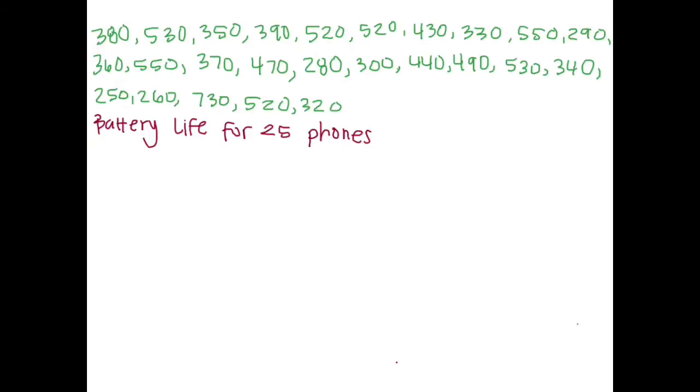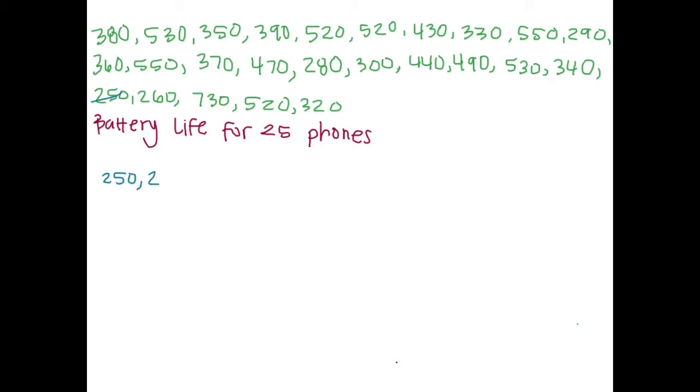The first thing I'm going to do to create my box plot is order that data from least to greatest. The point in doing this is that we will be able to find out which number is the middle. So let's go back to our data. The smallest number on this list is 250. So I'll start with 250.